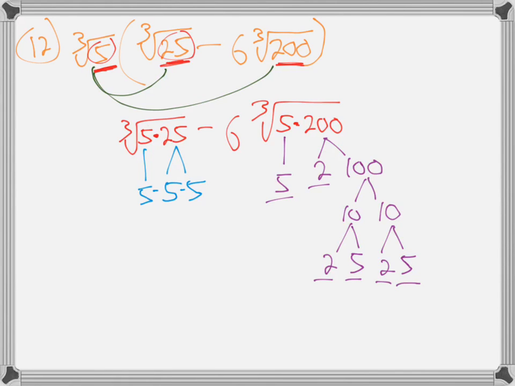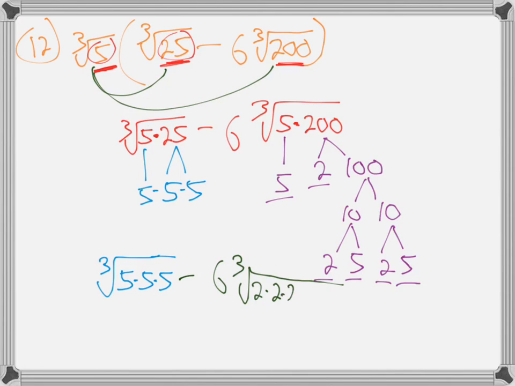Let me rewrite it here. So I have the cube root, that's a 3 in the hook there, of 5 times 5 times 5, minus 6, cube root of 2, 2, 2, 5, 5, 5.